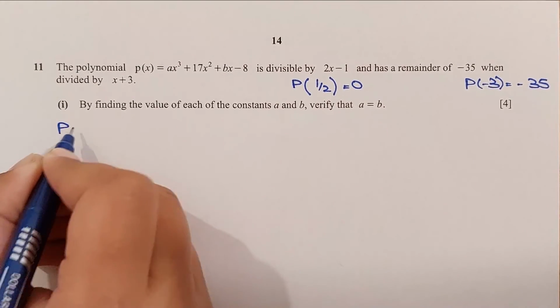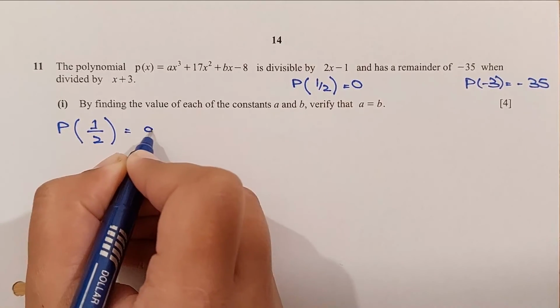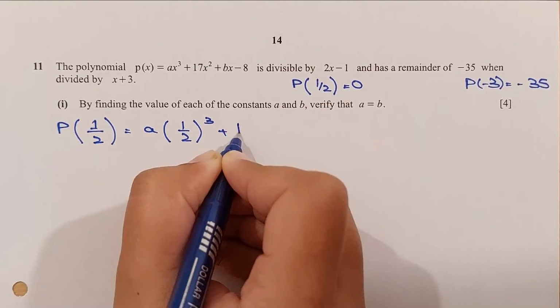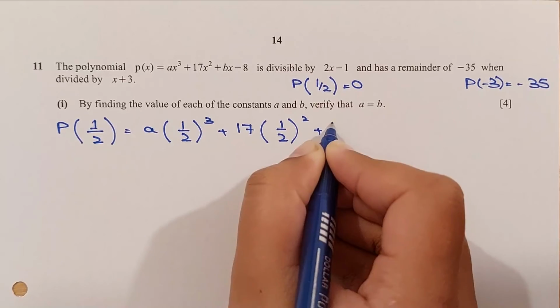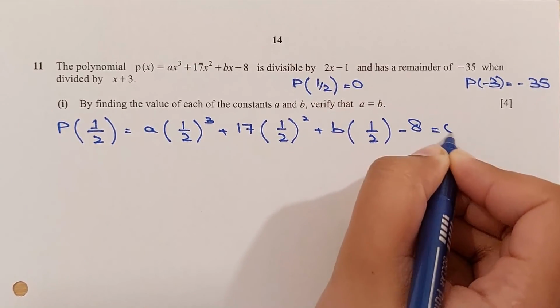So let me first find what is p of 1 by 2 and put it equal to 0. a times 1 by 2 cubed plus 17 times 1 by 2 squared plus b times 1 by 2 minus 8 equals 0.